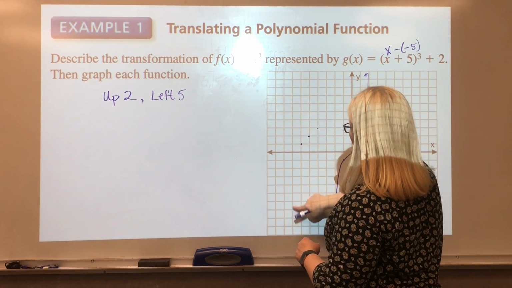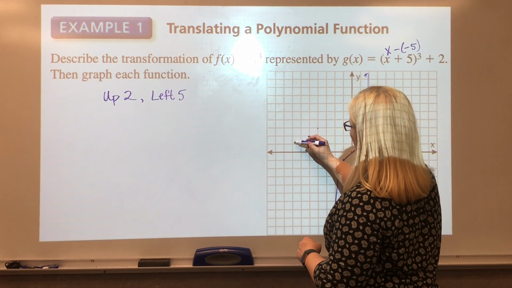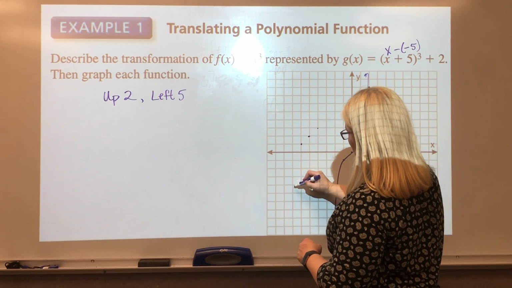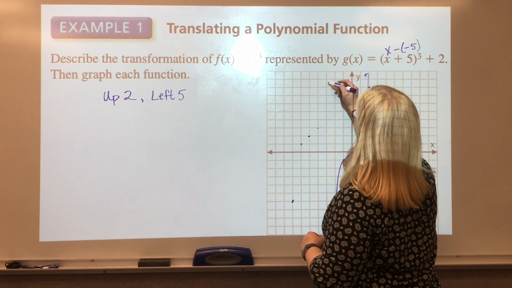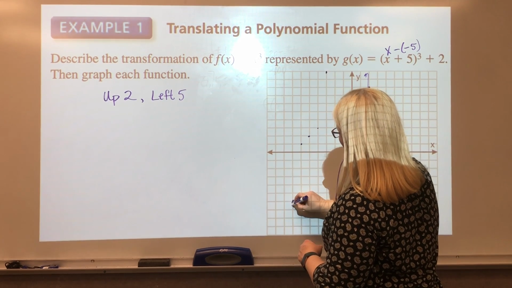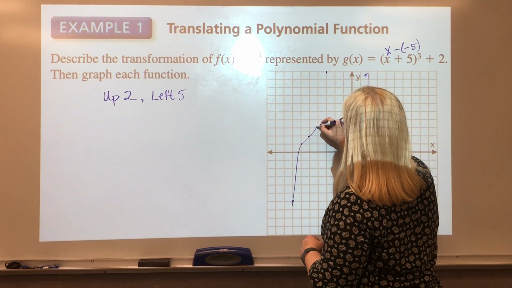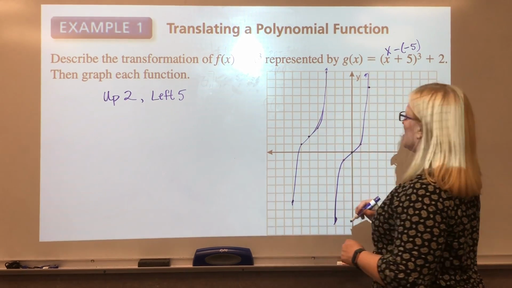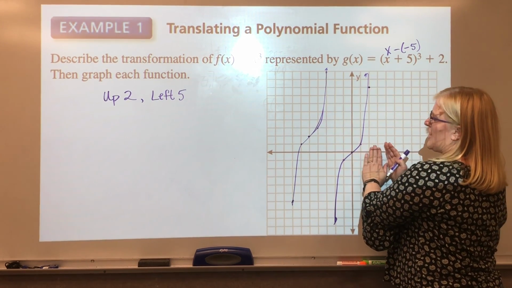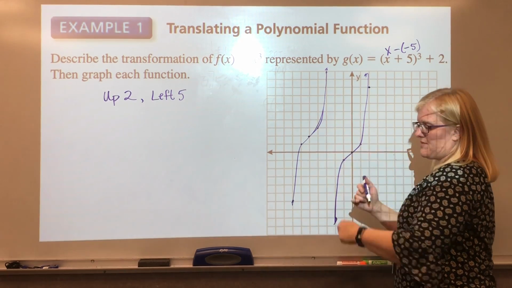Oh, I'm sorry, from here. So 2, 4, 6, 8. And from here, 2, 4, 6, 8. So my new function, g of x, oops, kind of missed it. Anyway, it's going to look like that. So my function started here, moved down, moved up.